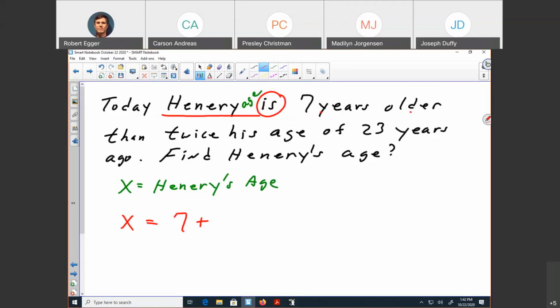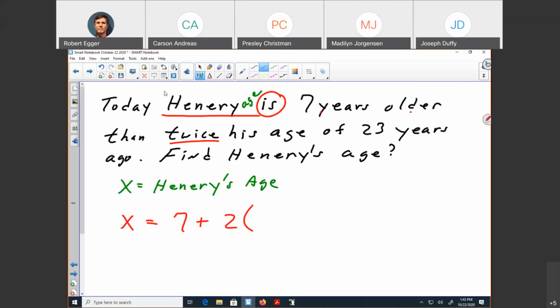Well, then twice his age of 23 years ago, or twice the difference of his age 23 years ago. Well, what was his age 23 years ago?